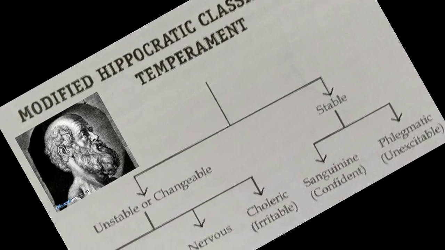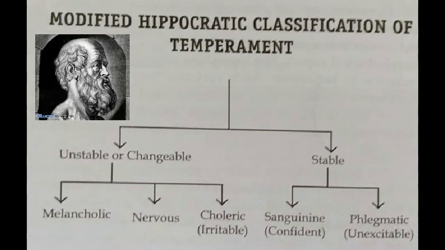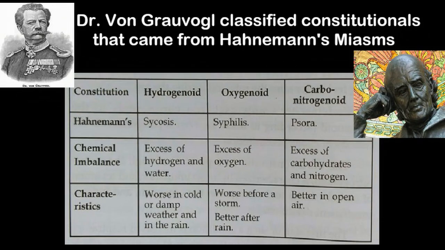Now, Hippocrates had described them as temperaments, body types which he called temperaments, the way people were. Hahnemann had called them miasms, the idea of different types of miasm. Dr. von Grauvogel had an idea about hydrogenoid, oxygenoid, carbonitrogenoid.